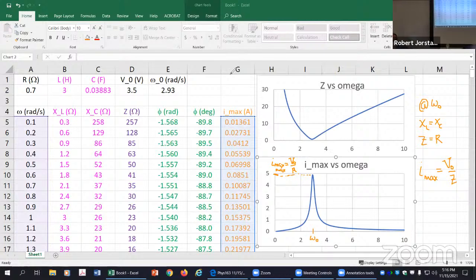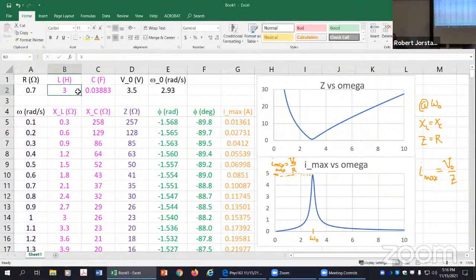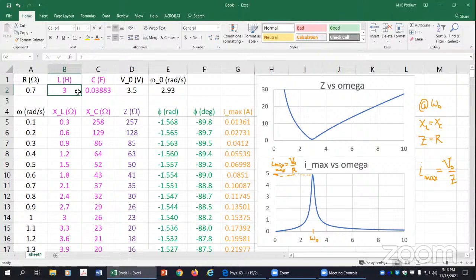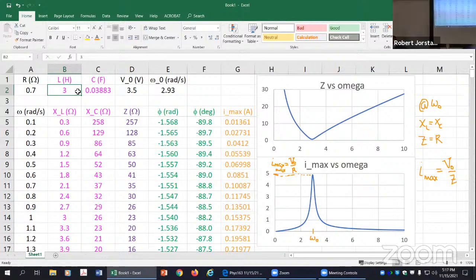All right, so far, so good. Tell me again, what's going to happen if I increase the inductance? Is it going to change the height? No, what will it change? It's going to shift. Which way do you think?